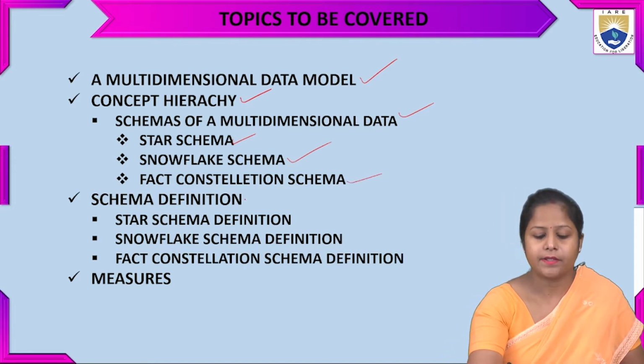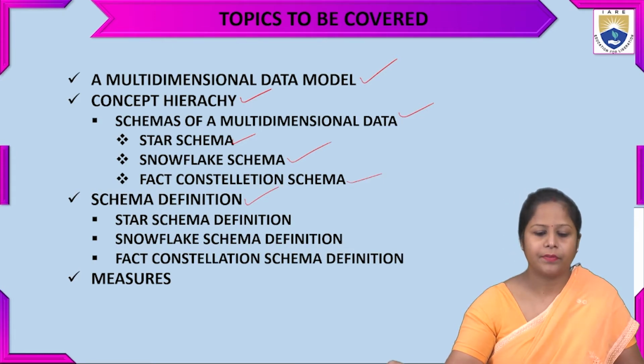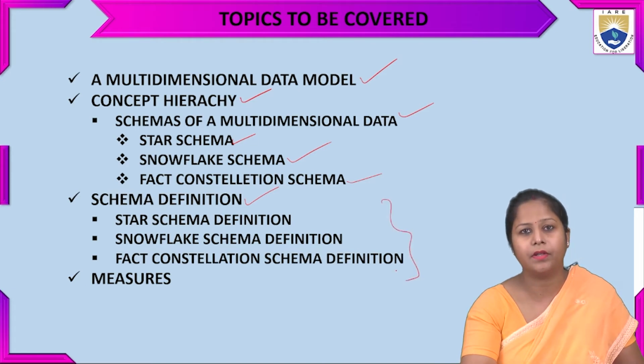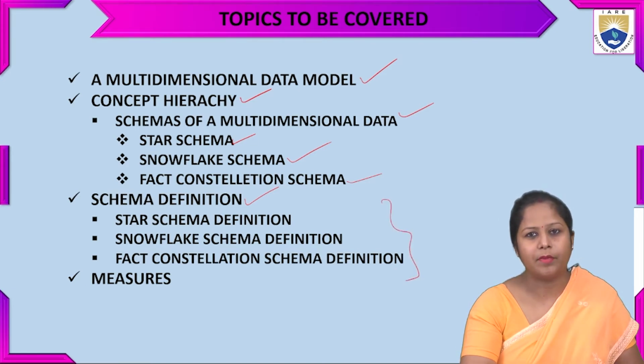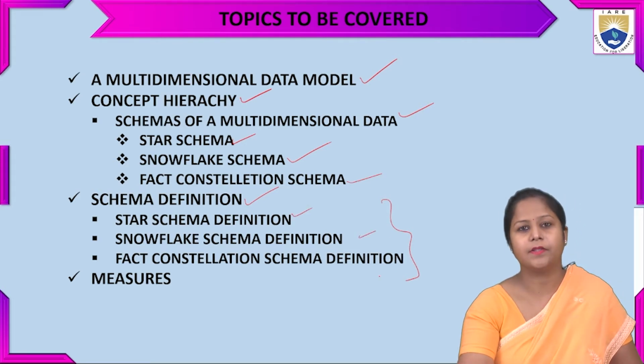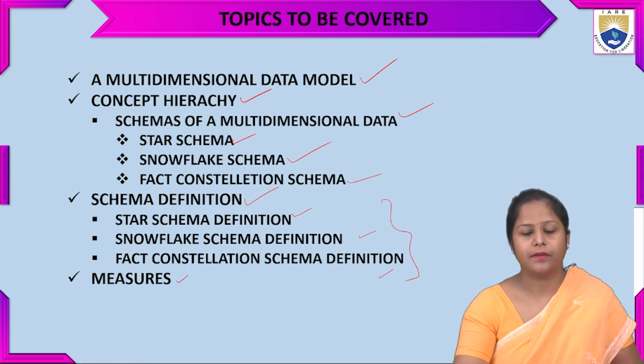And then I'll discuss the schema definitions, the different definitions for these three schemas of multidimensional data, which are star, snowflake, and fact constellation. Then we'll see what is a measure in those tables.